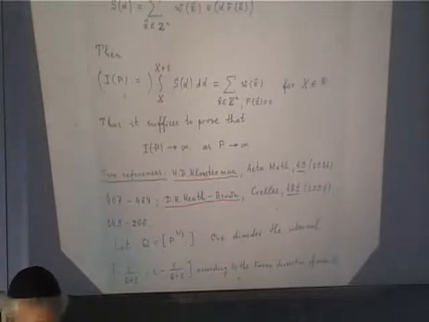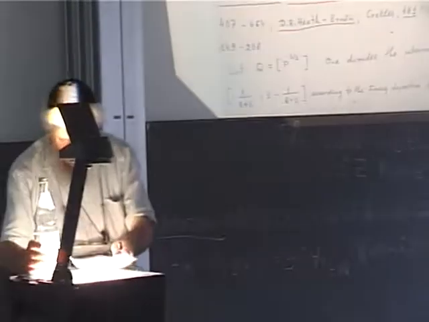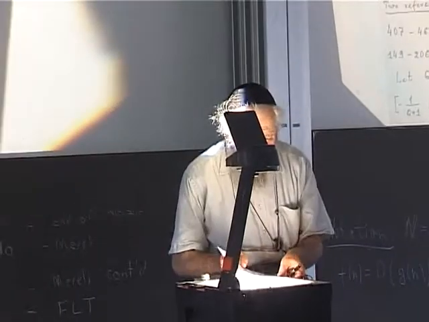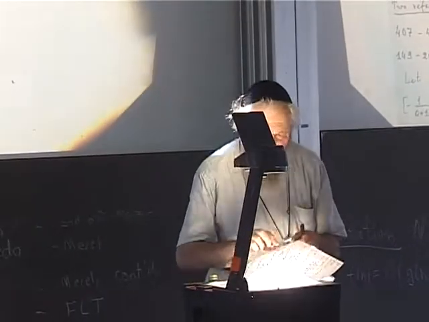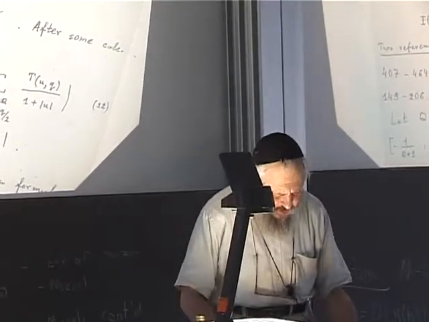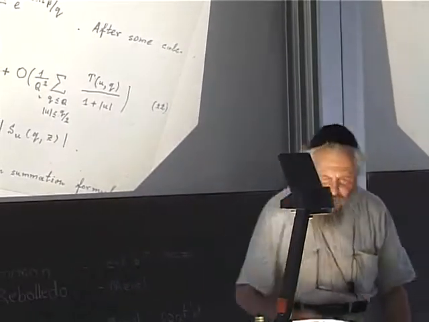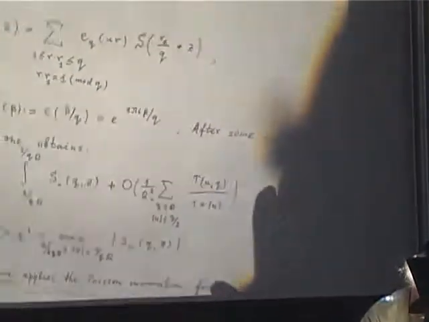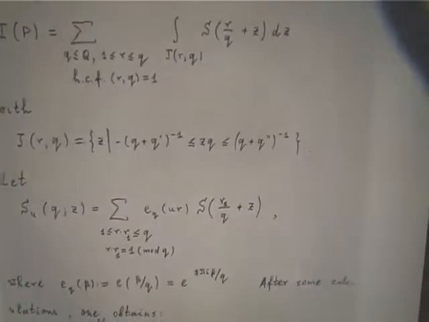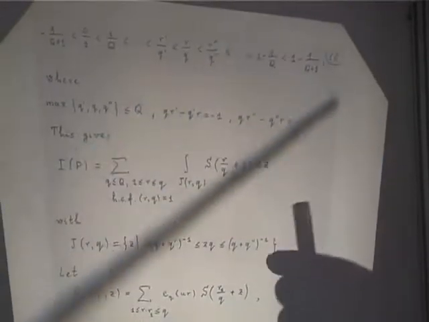I'm not sure that nowadays everybody knows what it is, but if one just orders all the rational numbers in this interval by increasing order, then what one obtains is what is called Farey dissections.